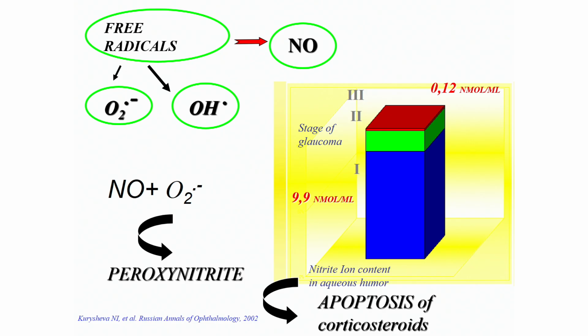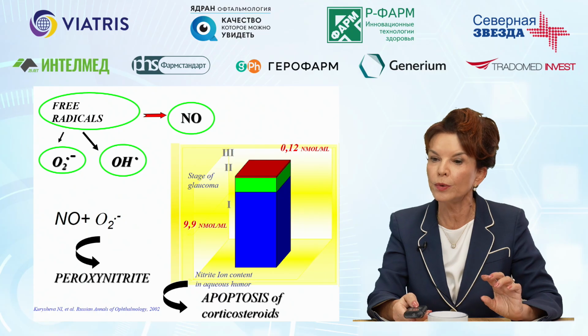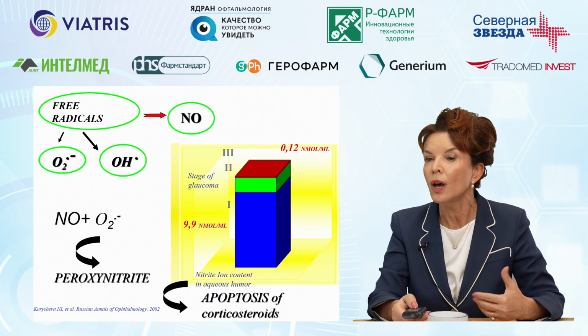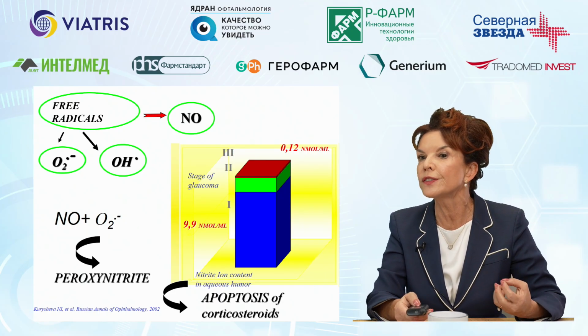But nitric oxide is needed because it eases the trabecular meshwork, helps the fluid outflow from the eye, and strengthens the perfusion of the optic nerve head. This is very important to see here at the advanced stage of glaucoma, especially far advanced glaucoma.